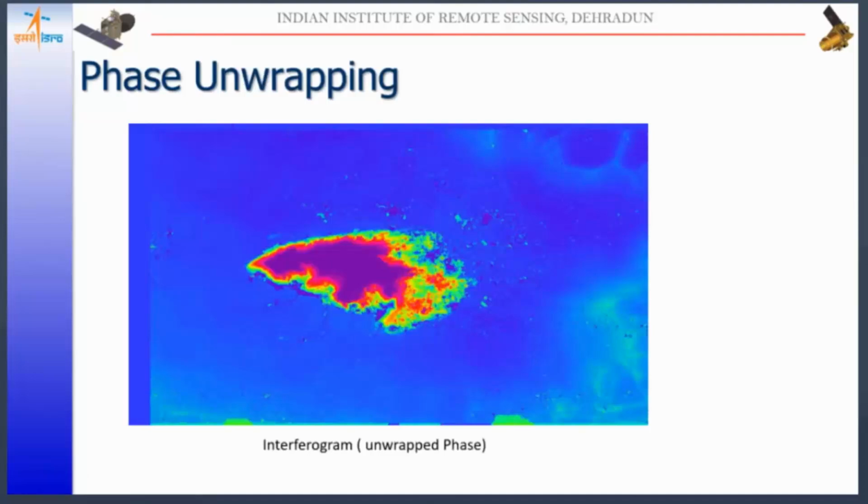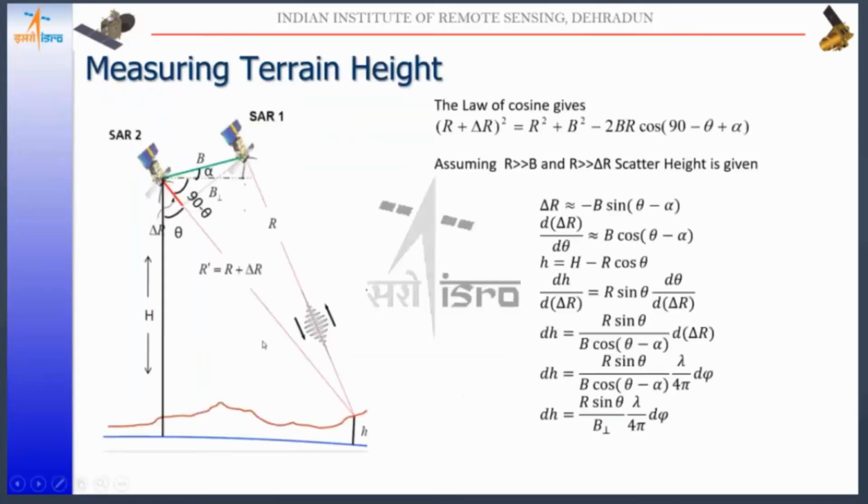Now, from the interferogram, we have to derive the terrain height. From this geometry we have the law of cosines, and then the formula.